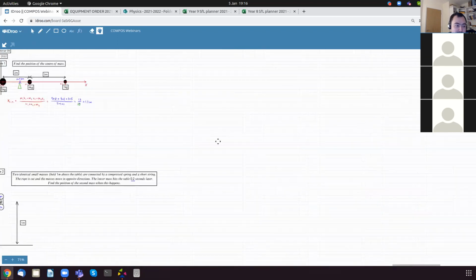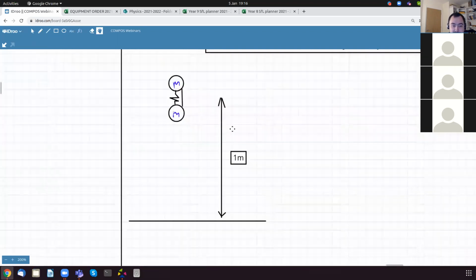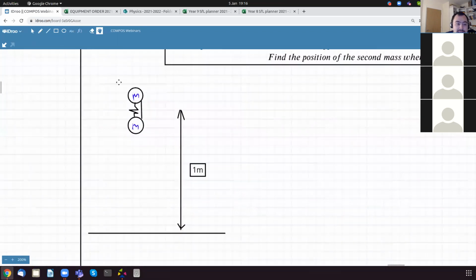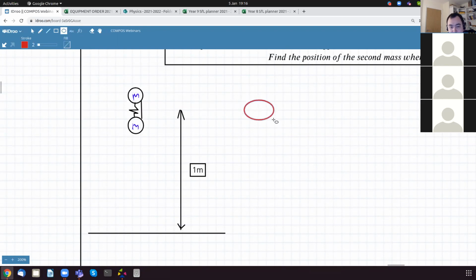So the only external force is gravity, the weight, and that force is equal to 2mg. So what we do is we treat the object as a single object. And the only force acting is 2mg, and the mass is 2m.